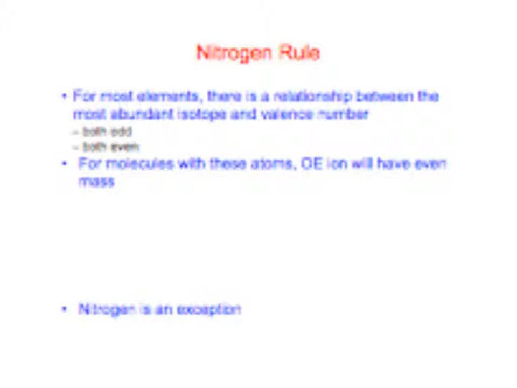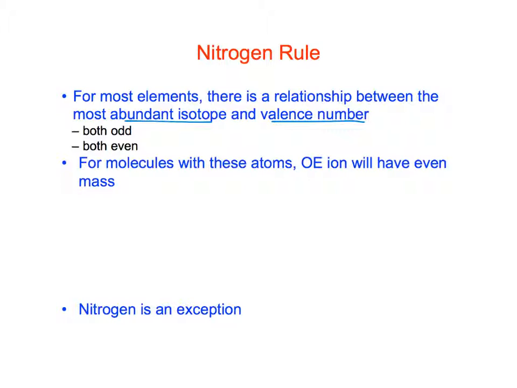All right, so what about the mass of this molecular ion? So for most elements, there's a relationship between the most abundant isotope and the valence number. So they're either both odd, so it could be hydrogen, which has an odd isotope and a single valence, it forms one bond. Or it could be something like chlorine, which has chlorine 35 and a single valence.